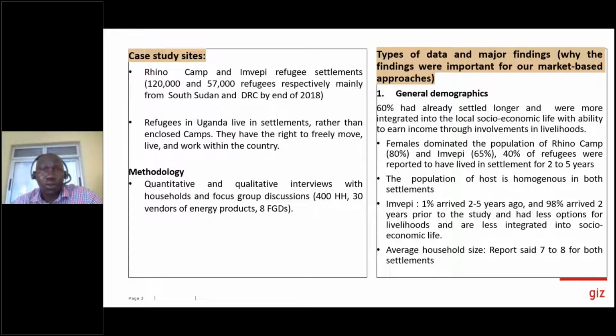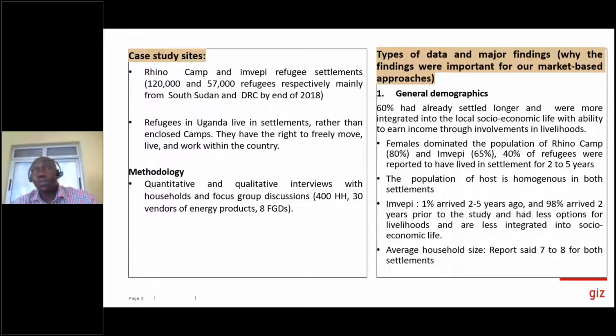I will also take you through how important this data really was to our program, especially the market-based approaches that I will be talking about in the next slides. Overall, the study looked at households through surveys, group discussions, and special focus group discussions.